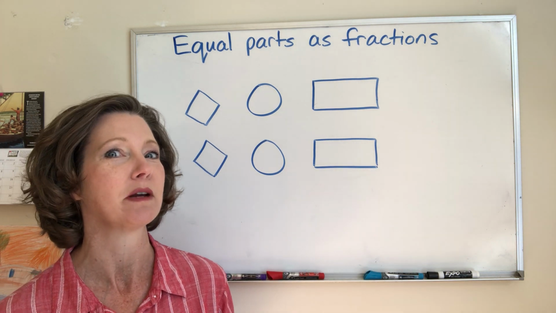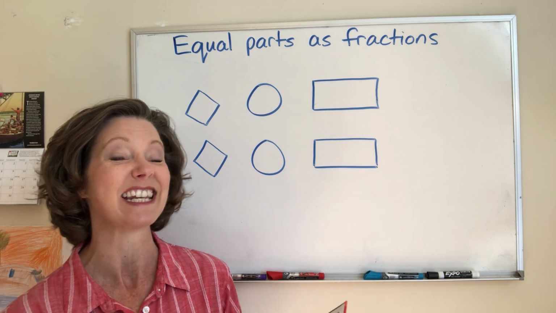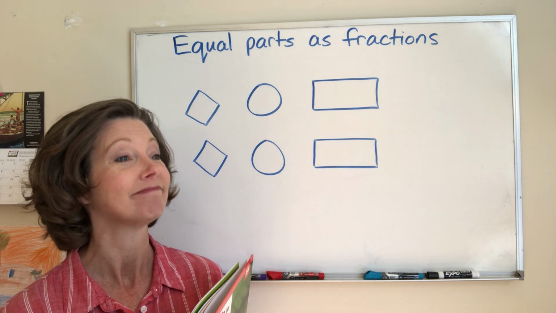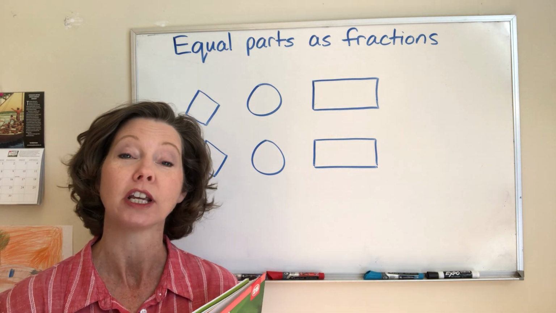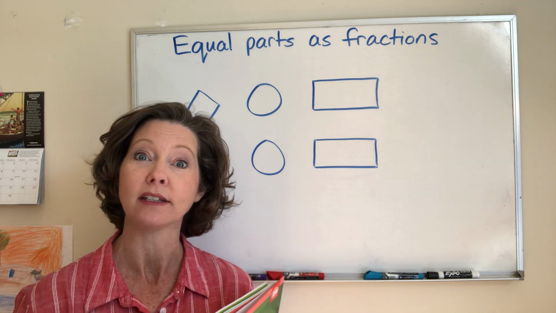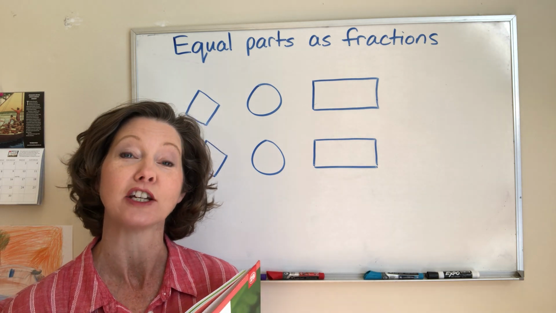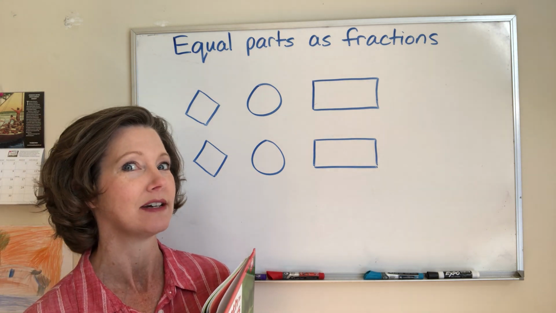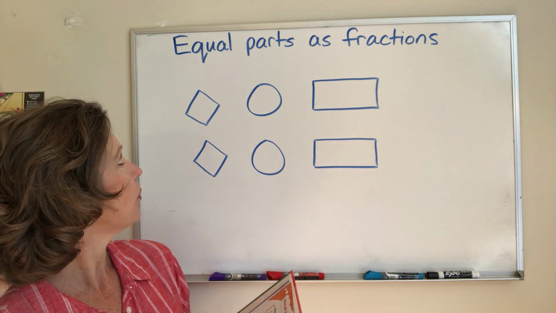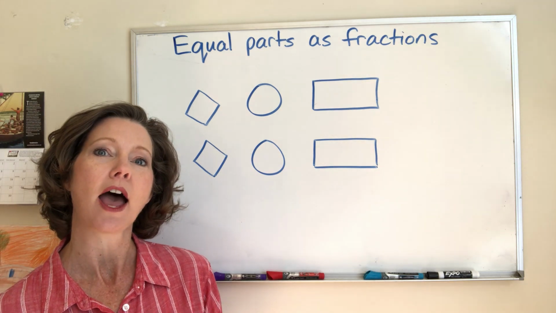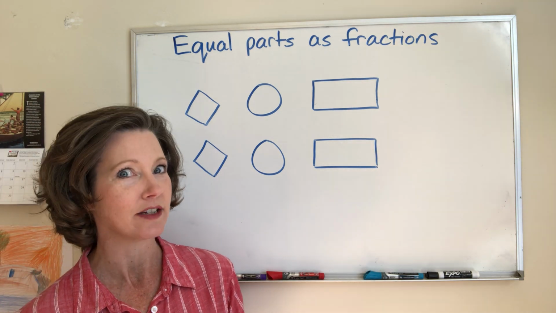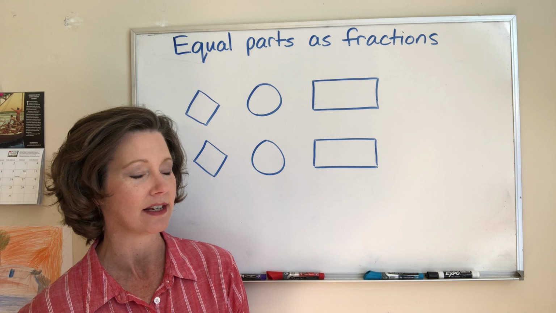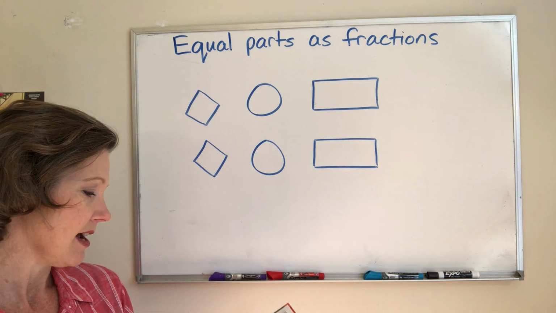When your mom makes you a peanut butter and jelly sandwich and she cuts it in half, that's a fraction. When she cuts it into 4 pieces, that's a fraction. She's cut it into quarters, into 1/4. You will eat 1/4 of the sandwich at a time. So we're going to talk about how to identify and write fractions this week, and different things that you can do with fractions.